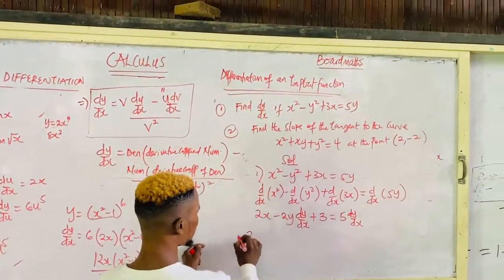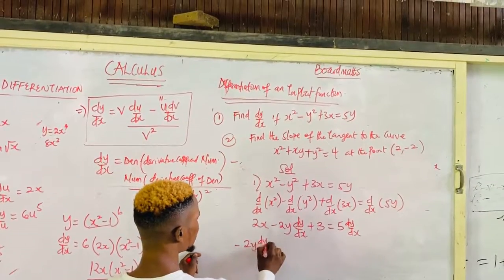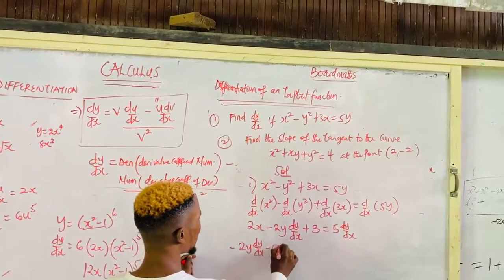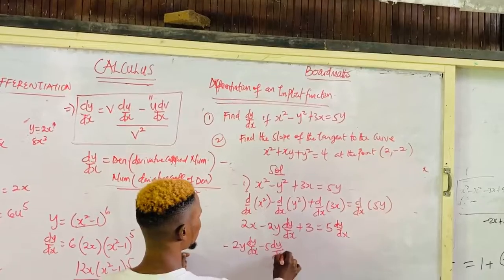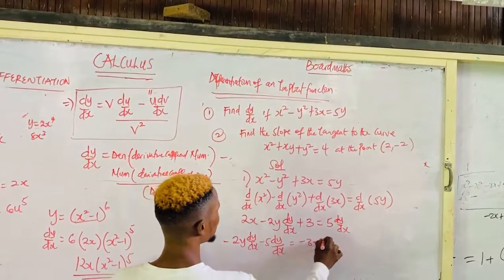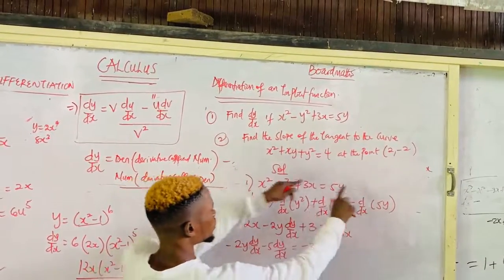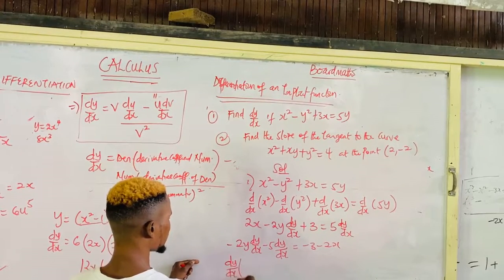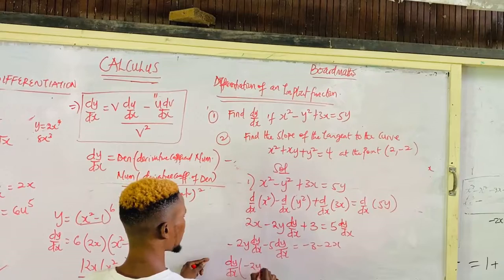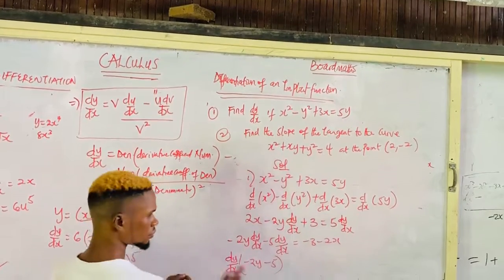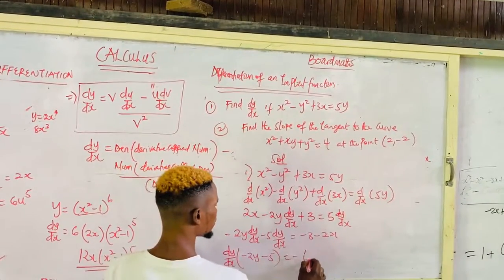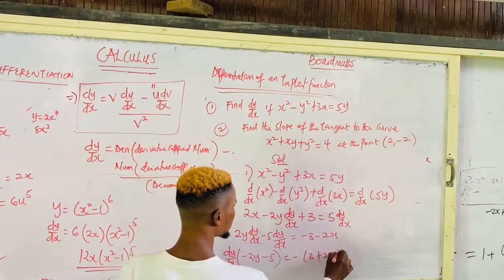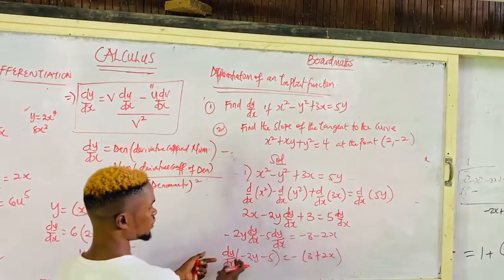So that gives, but we need to find this dy/dx. So that's minus 2y dy/dx minus 5 dy/dx is equal to minus 3 minus 2x. When you take this one to the other side. So that means dy/dx, that's minus 2y minus 5 is equal to minus 3 plus 2x. So this negative is here.